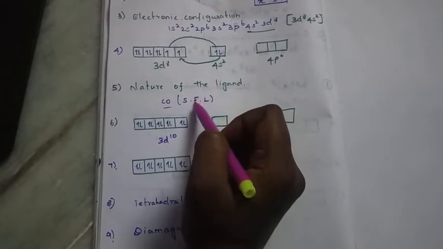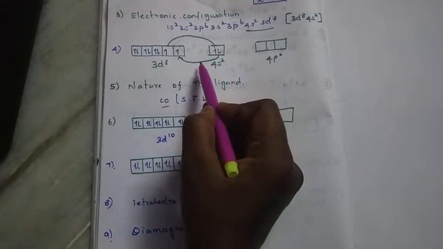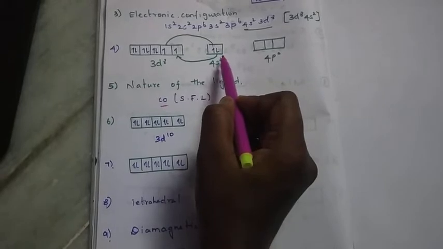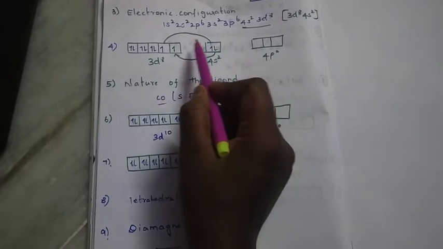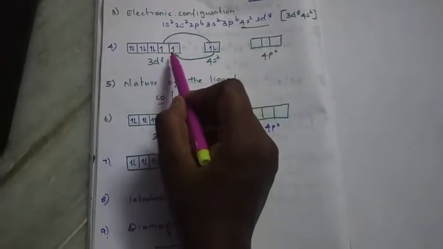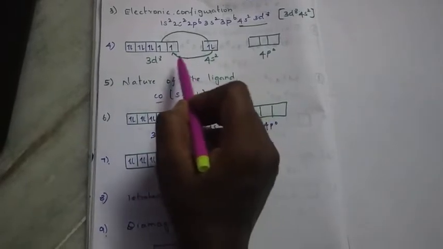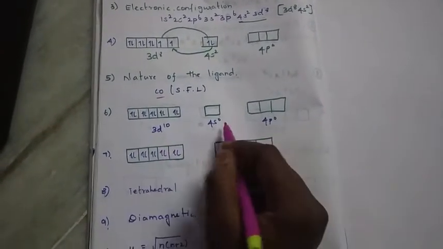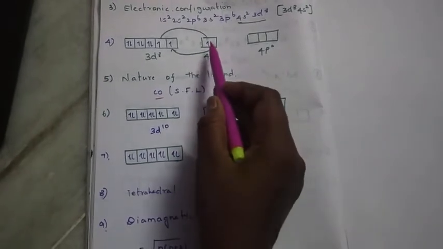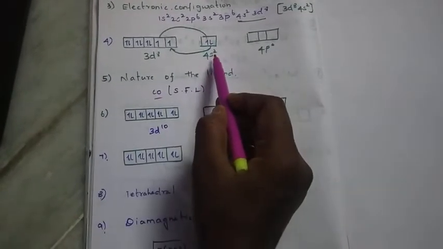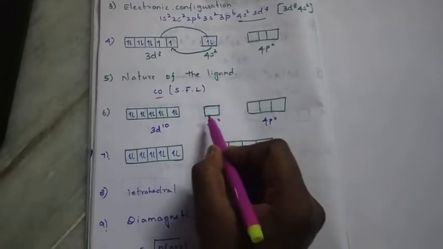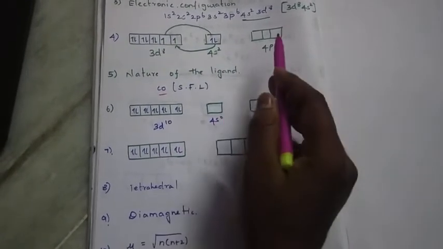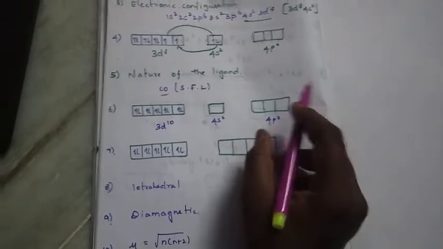Because of the strong field ligand, these two electrons can be paired up, because the 4s2 electrons can go to the 3d orbital. Pairing takes place in this case. So I have written here. Then if these two electrons are going, the 4s orbital will be empty. So I have written 4s0, and the 4p orbital also is empty.